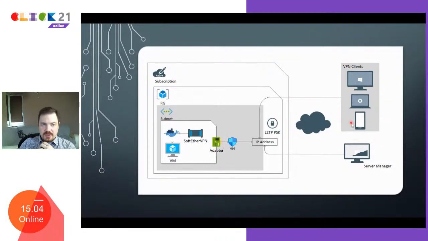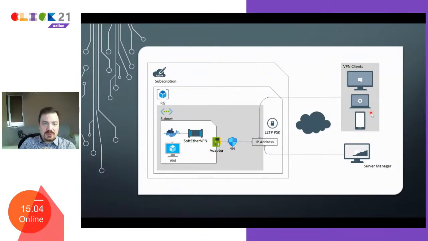And the clients. The client machine can be any machine because it will use the L2TP protocol. So you can use either your desktop machine, your Android phone, or iPhone or laptop, whatever you want.